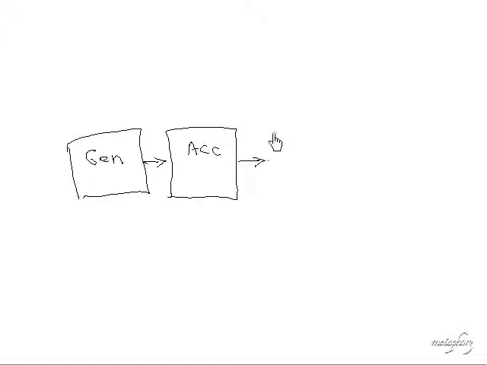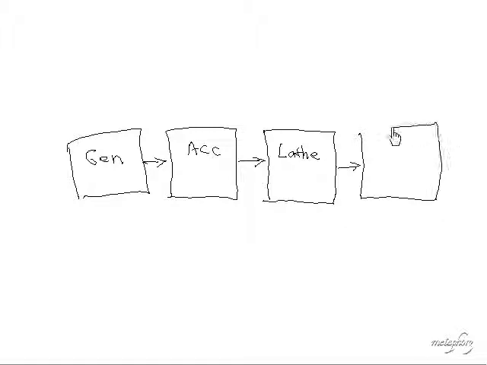The accumulator then will accumulate parts as they're generated and feed them one by one to the lathe, which will operate upon these parts and pass them to an inspector, a human inspector. So we can look at this as a queuing model.